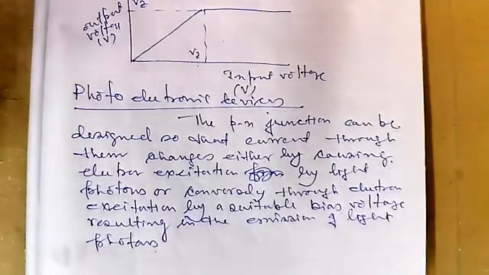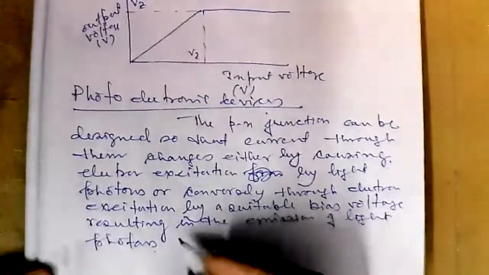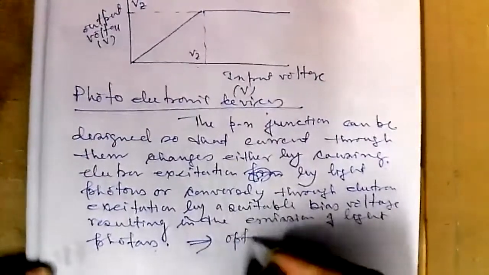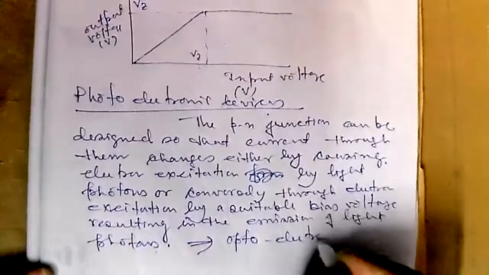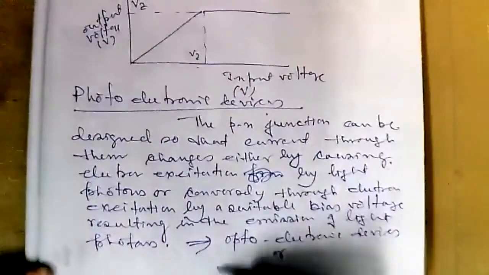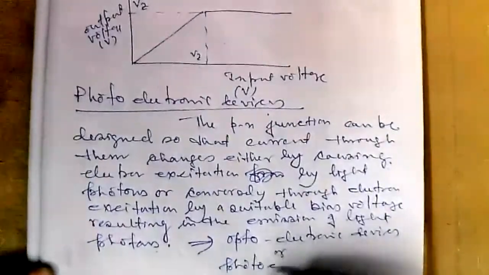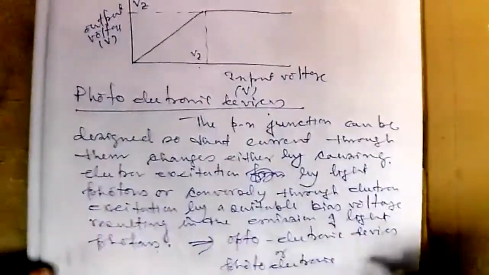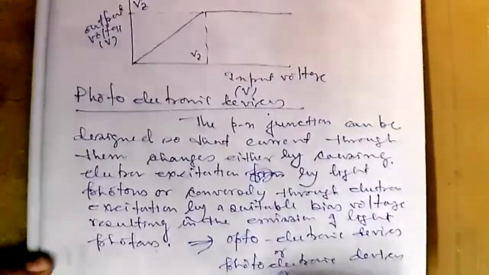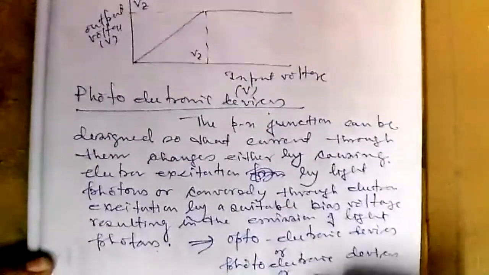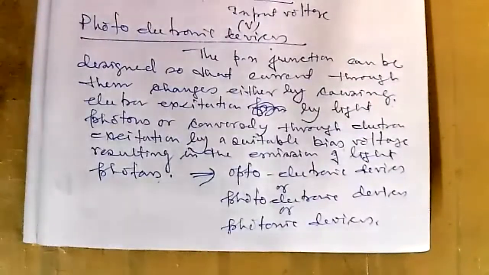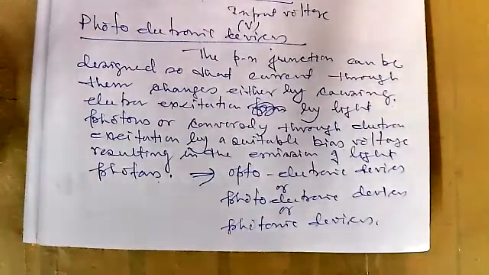So these semiconducting devices are called optoelectronic devices, or photoelectronic devices, or photonic devices. There are two types of photonic devices.